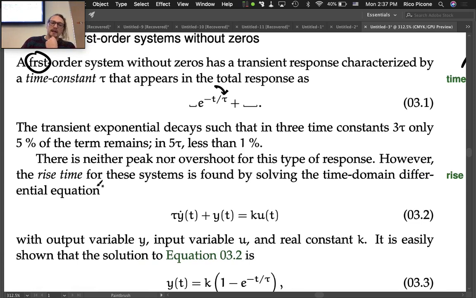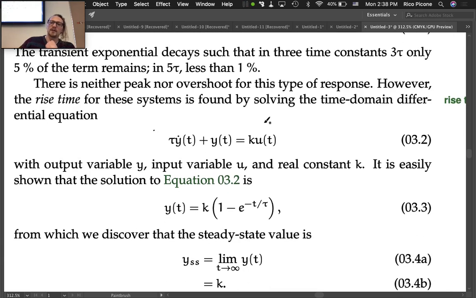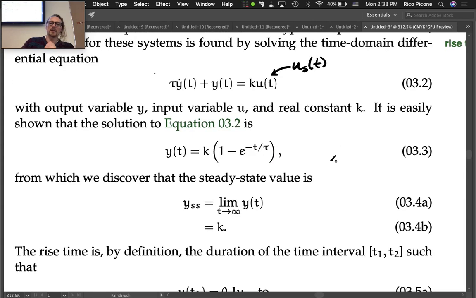However, the rise time for these systems is found by solving the time domain differential equation, 3.2, where we take the input u to be the unit step function. We could use any step function, but we might as well use the unit step function. It is easily shown that the solution to this equation is given here, where k is the scaling factor on the step function.